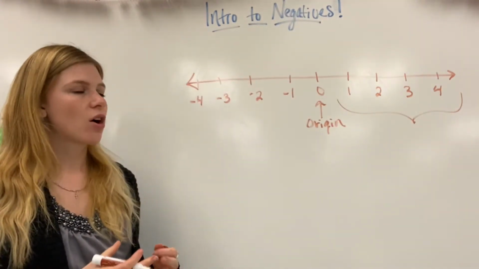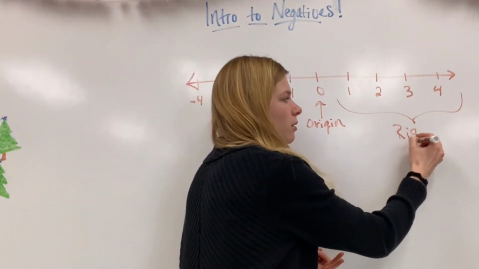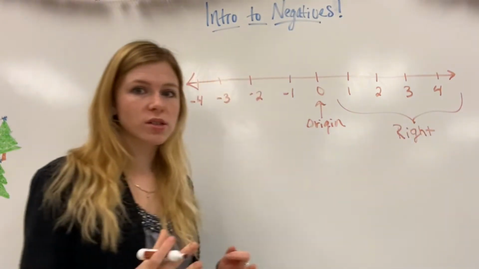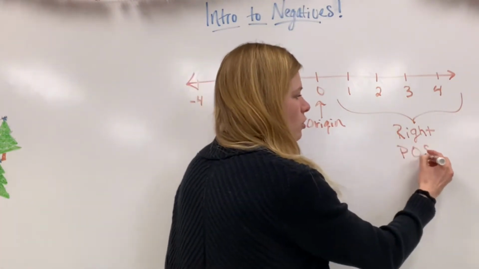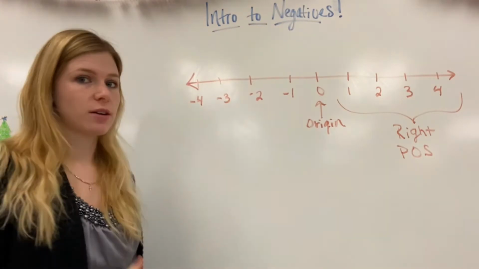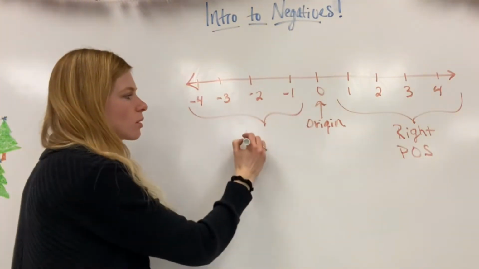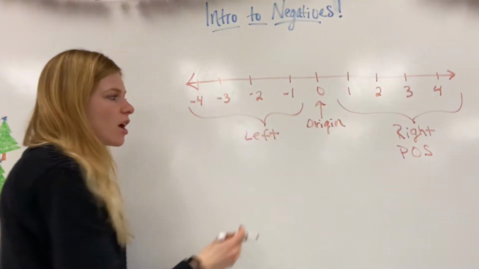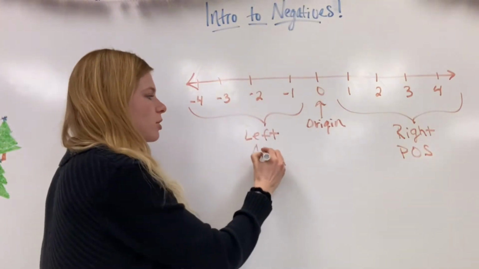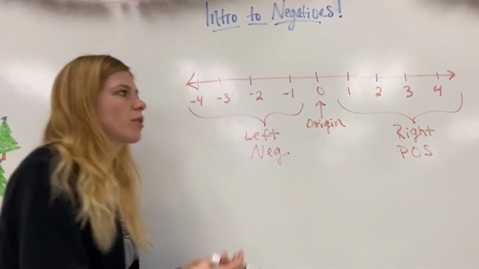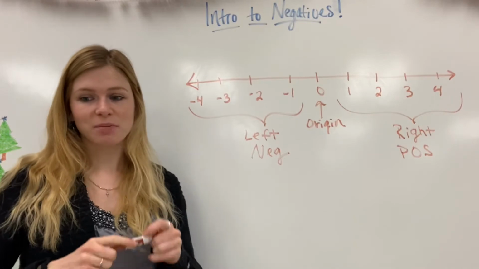Notice that always on the right side is where the positive values are going to be. So the right side is always positive. And then notice the left side is where all the negative numbers are. All the negative numbers are always going to be on the left side of the number line.